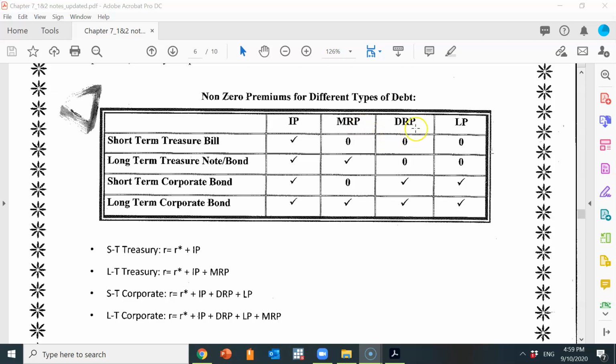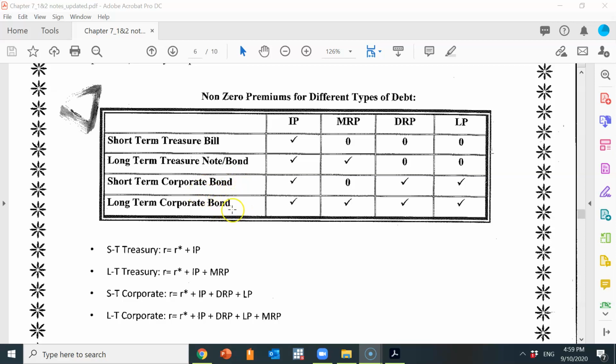For default risk premium and liquidity premium, remember their definition is whether there's a risk that the bond issuer will go bankrupt, so the bond goes into default, or whether it's popular enough in the market, so we can exchange the bond into cash easily, depending on the liquidity level of the assets. So default risk premium and liquidity premium only apply to corporate bonds.